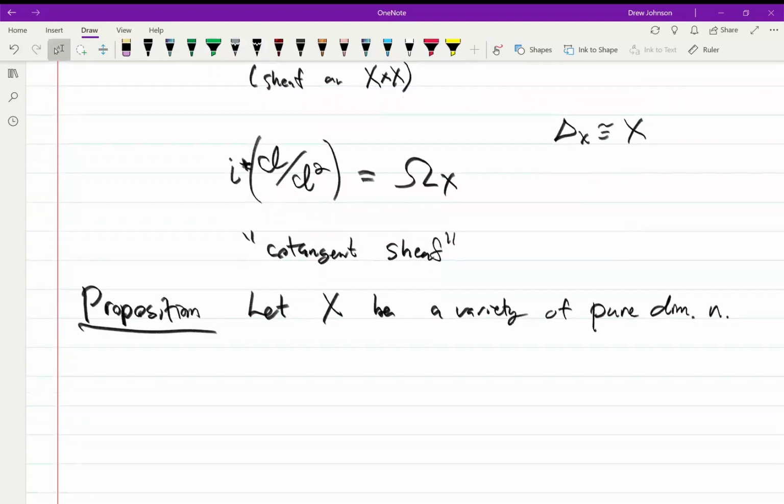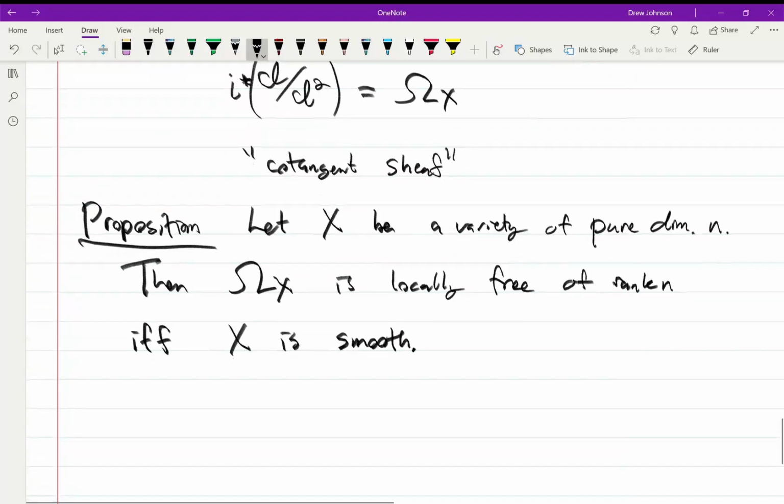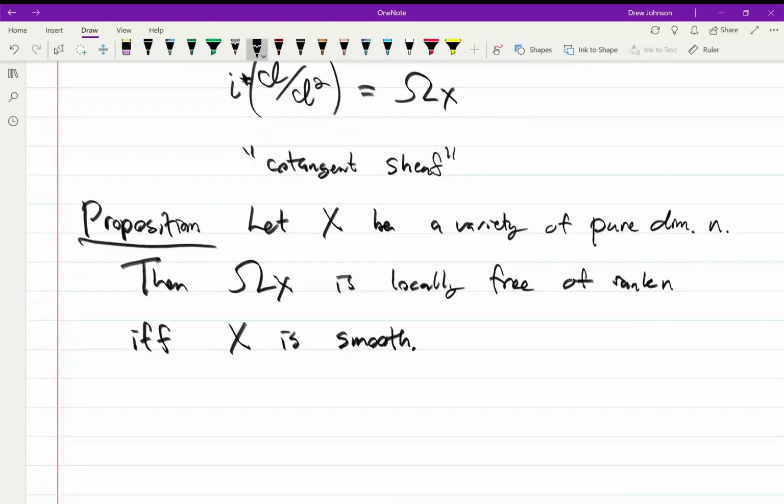Then the cotangent sheaf of X is locally free of rank n if and only if X is smooth. All right, so this is an important proposition, but let's do the proof really quick, or at least part of the proof. So one direction is easy. So let's do this direction.